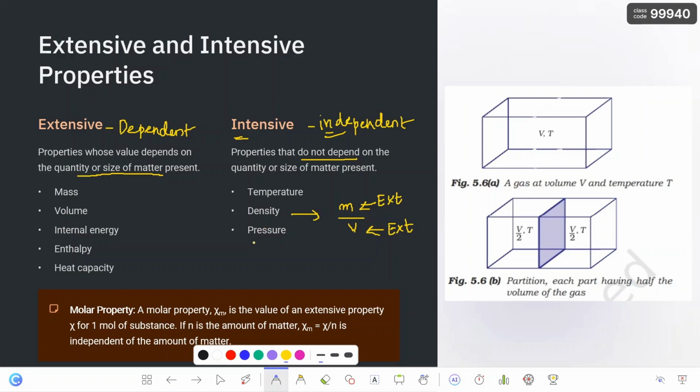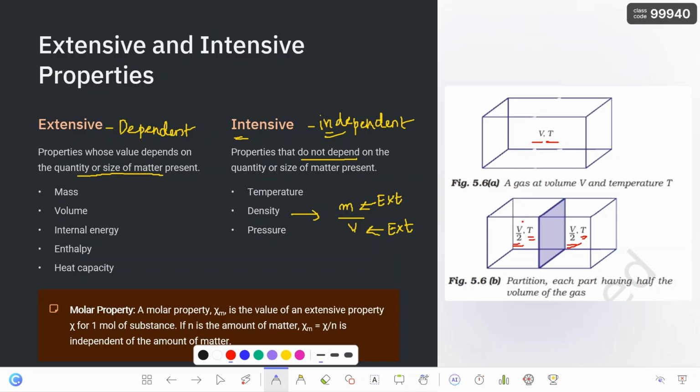Then pressure is also an intensive property. Here is an example. There is a box of gas at volume V and temperature T. We split this box into two parts. The gas in each part will have a volume of V by 2. That means volume is getting halved, while the temperature remains constant in both parts.